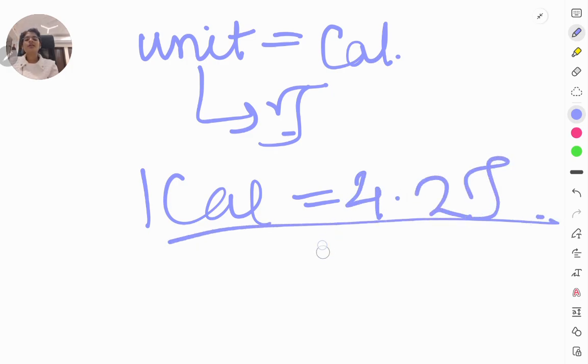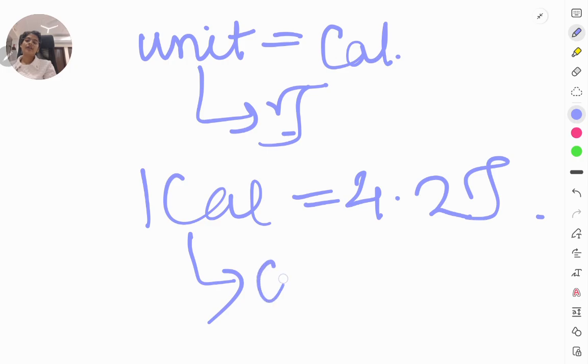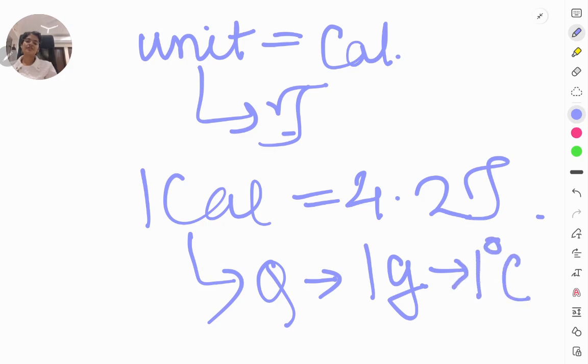Always, if we are talking about heat, it is a form of energy, so the unit should be an energy unit itself. Now if they ask what we mean by 1 calorie, it is that amount of heat required for the combustion of 1 gram of water to raise its temperature by 1 degree Celsius.